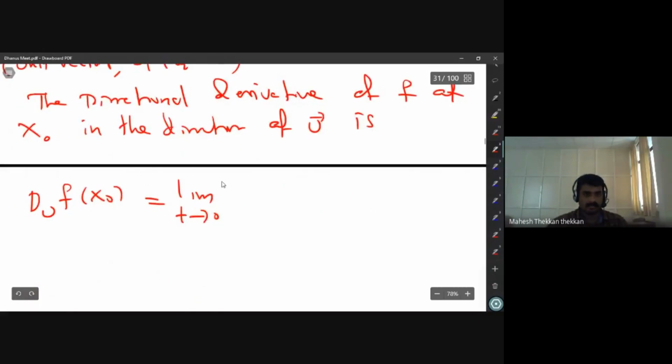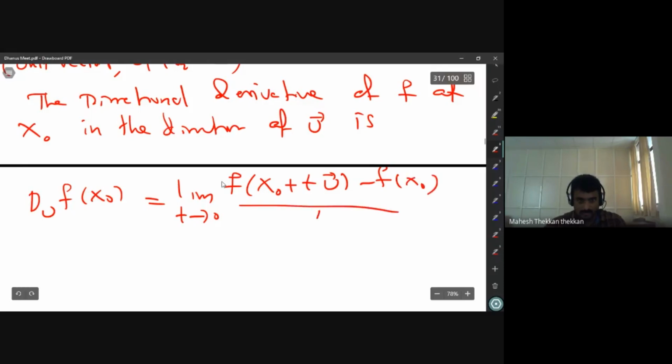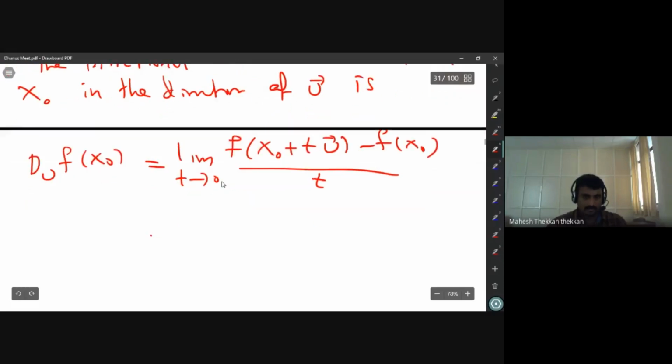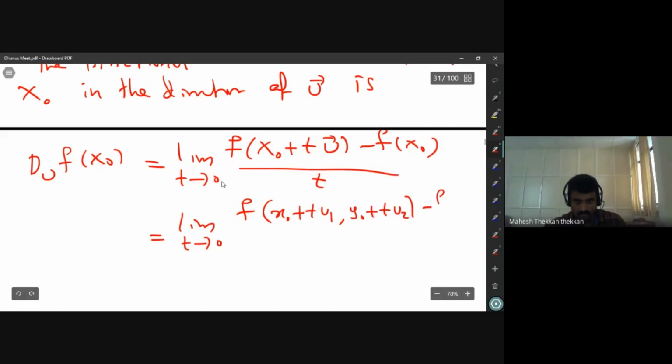So D_u f at x0 is the limit as t tends to 0 of (f(x0 + t u) - f(x0))/t. You can write it precisely as: limit as t tends to 0 of (f(x0 + t u1, y0 + t u2) - f(x0, y0))/t.